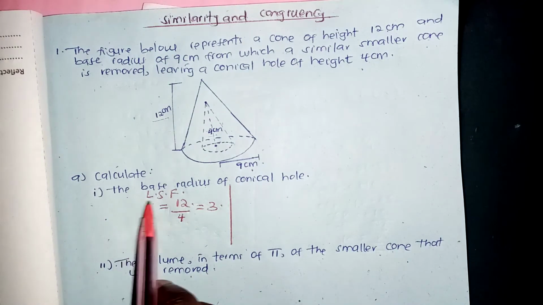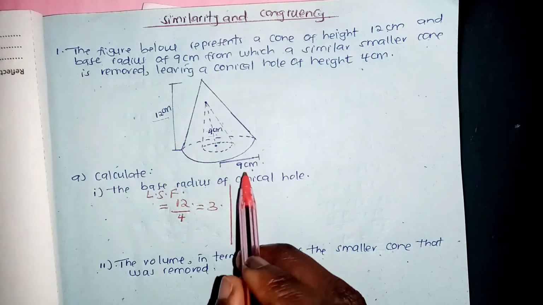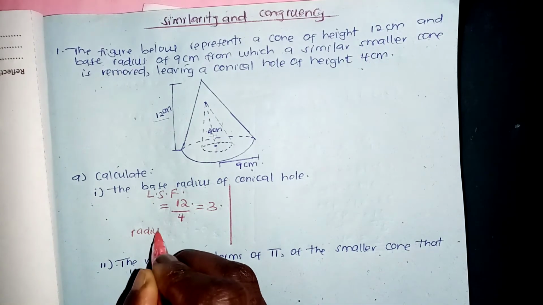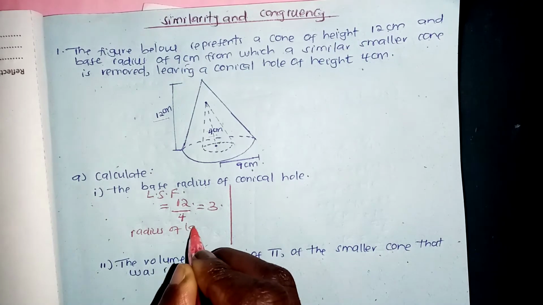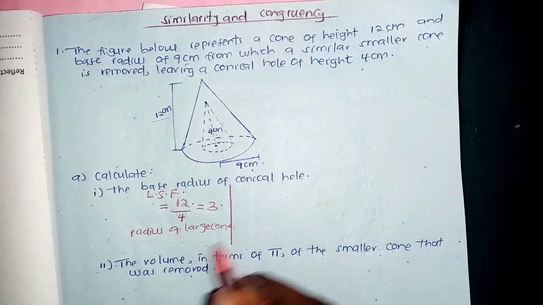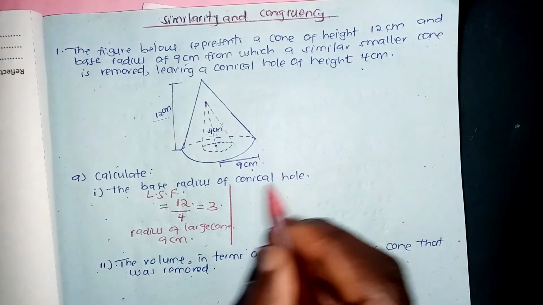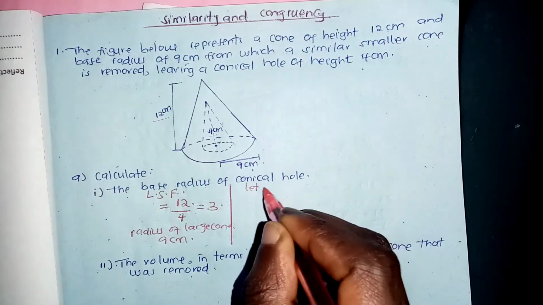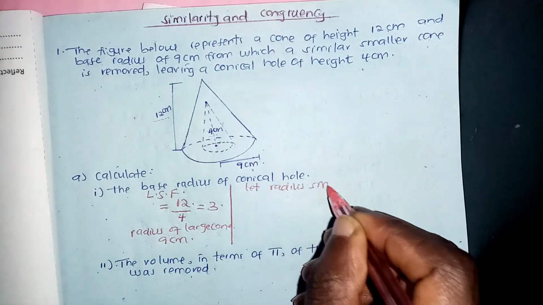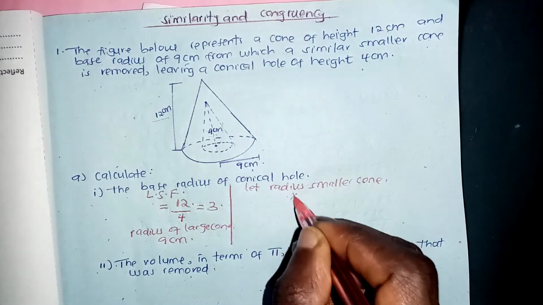The question requires the base radius of the cone. We have the radius of the larger cone as 9 centimeters. So let the radius of the smaller cone be x.